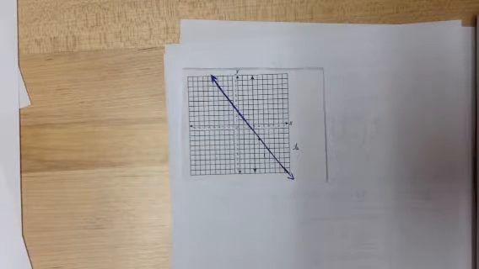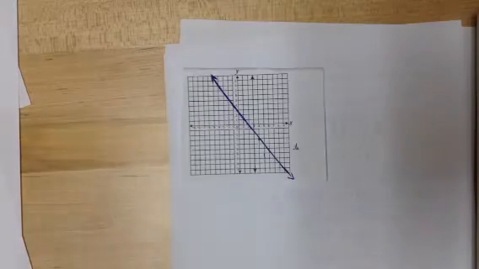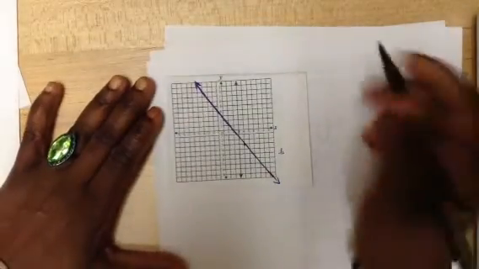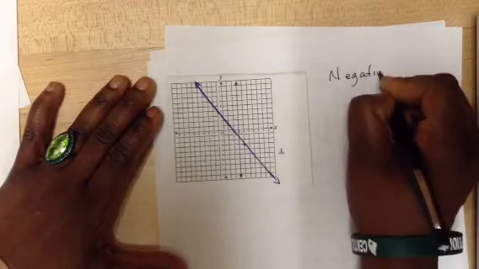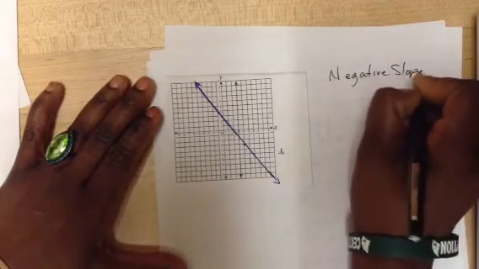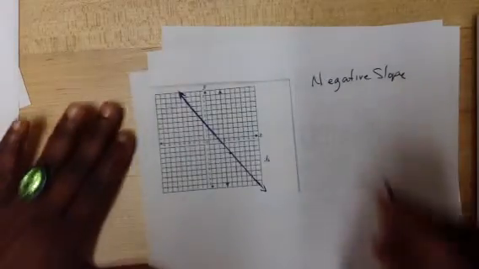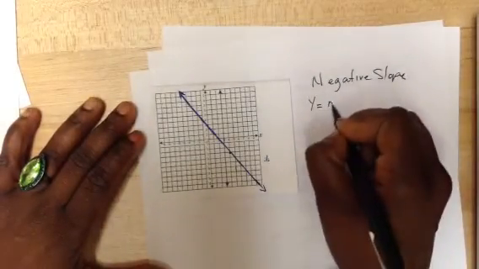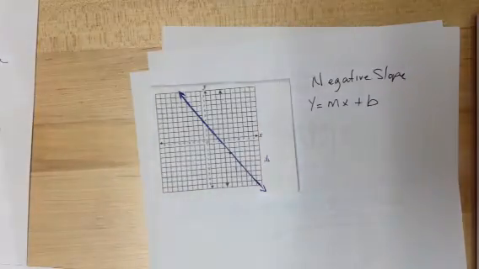So seeing that the line is going down from left to right, that indicates a type of slope. That automatically should indicate a negative slope because the line is declining. So that's one thing I already know here. I know that I'm going to have a negative slope. Now, let's write our slope-intercept form. y is equal to mx plus b. How do I begin developing this line?